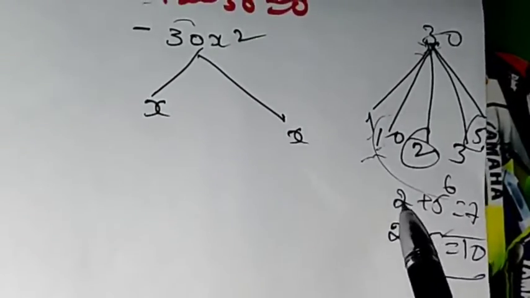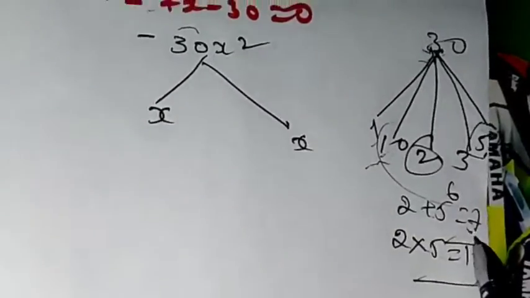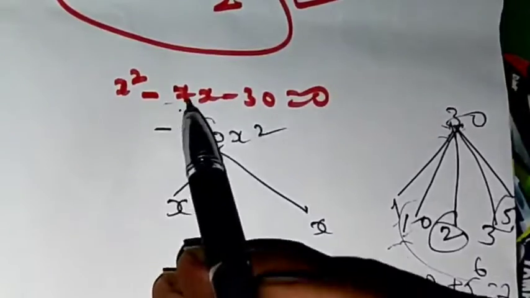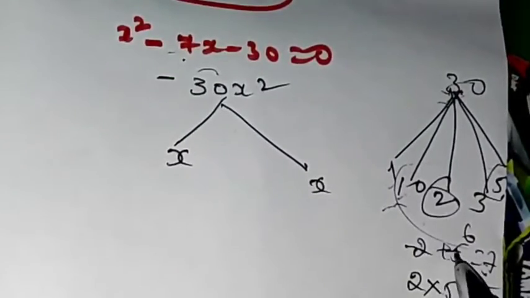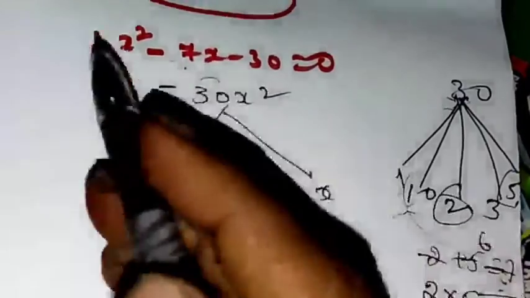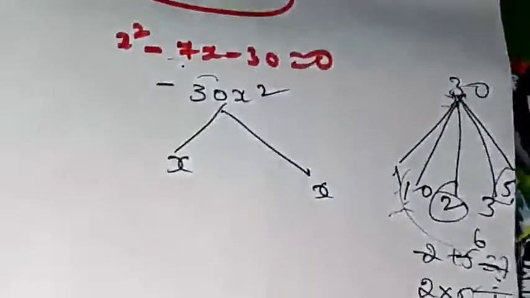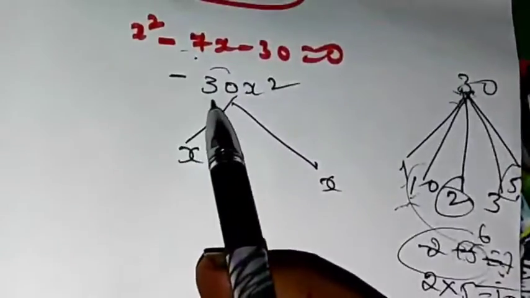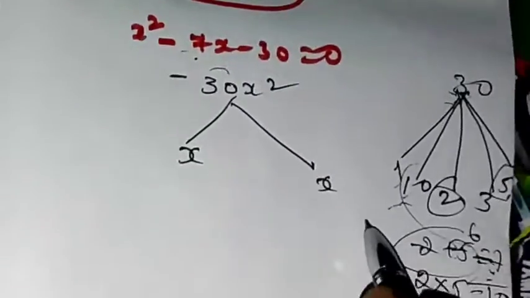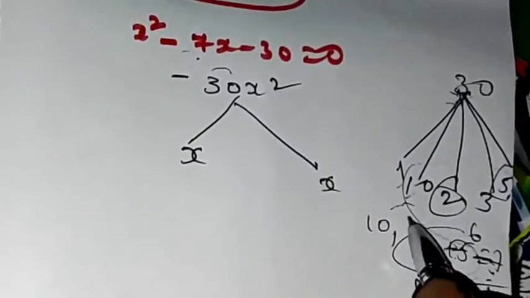If I take 2 plus 5 equal to 7, we get the middle value 7. If we take minus on both, we get −2 −5, which is −7. But if you multiply these two, we get 10, and we want −30, that's why we choose 10 and 3.